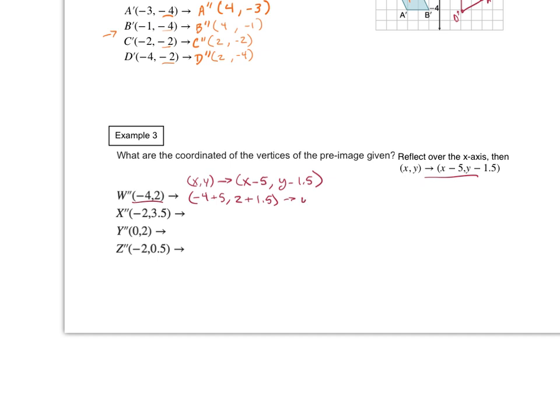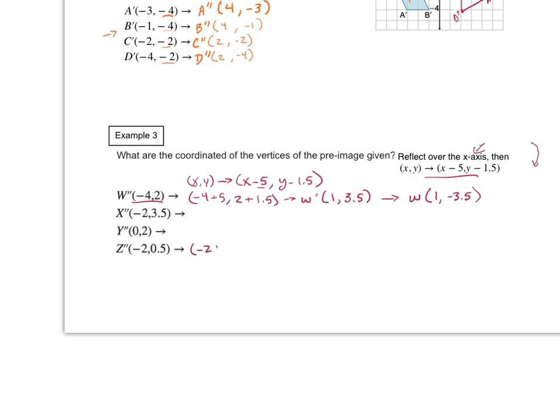So it looks like W prime should have been 1 and 3.5. Then I reflected over the x-axis, and we know that when we reflect over the x-axis, we're going up and down, so the only thing that changes is the sign of my y. So it would stay 1 and negative 3.5. I'll just pick Z here. Z prime would be negative 2, but we have to reverse that.